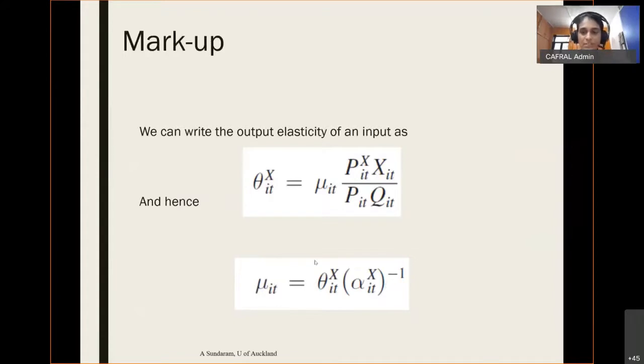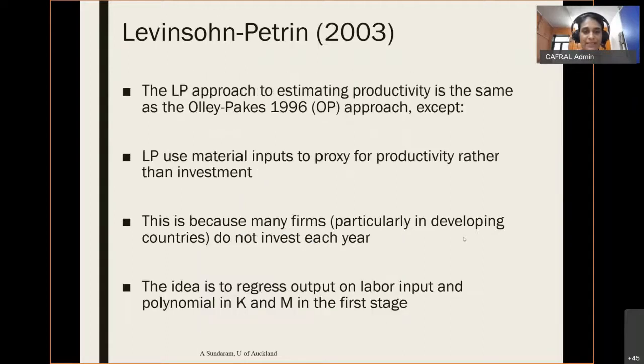So here you have a formula for markup as just a function of the output elasticity on the variable inputs that we estimate, times this alpha, which is nothing but the input share of that variable input. So if you're looking at materials, this is just the materials expenditure over firm sales, and then you just have to multiply that by your estimate of the output elasticity of inputs. Okay, so really everything is about estimating the betas.